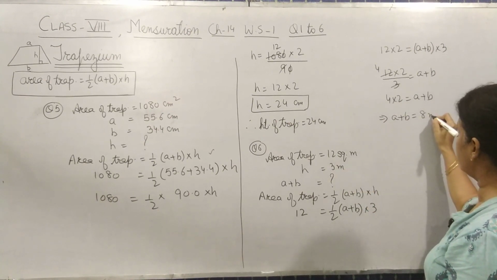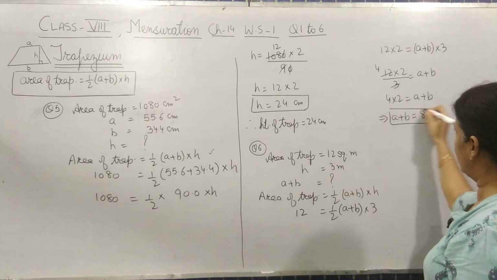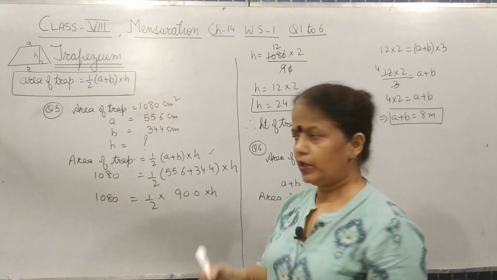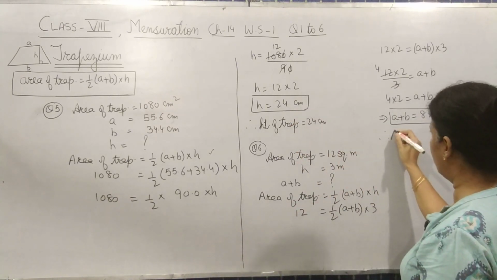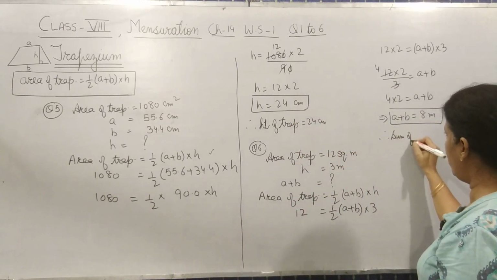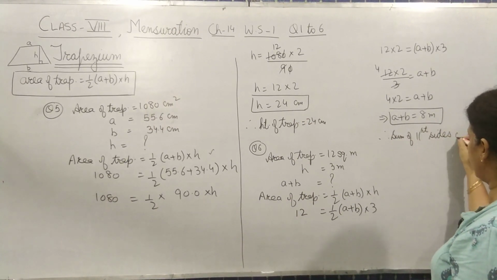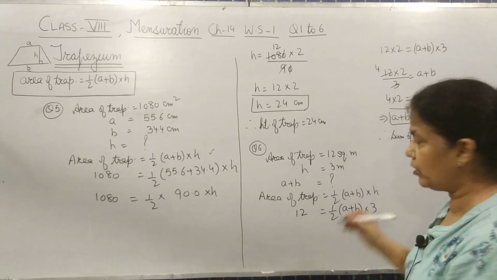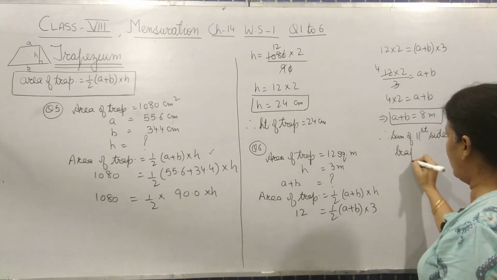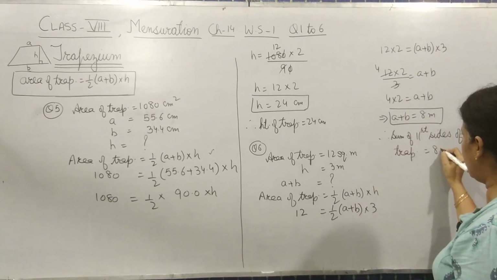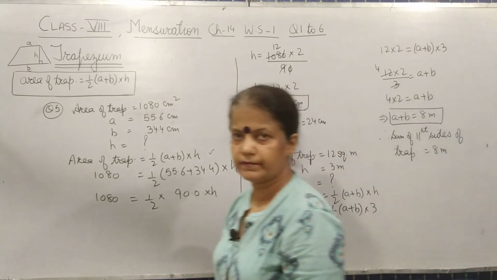Now, the unit is meter. So how will you end up? Therefore, sum of parallel sides of the trapezium equals 8 meter.